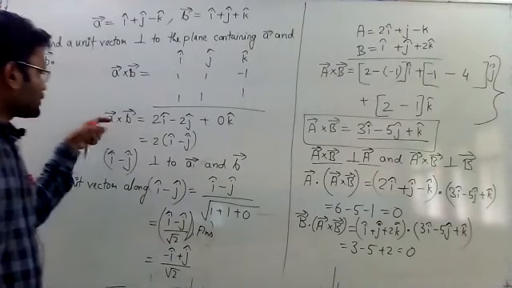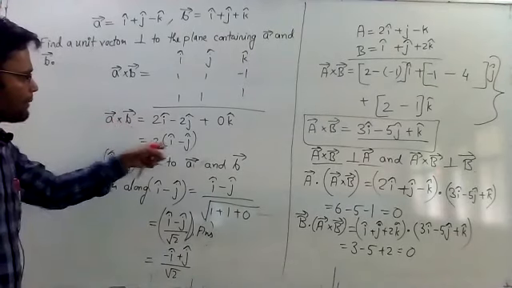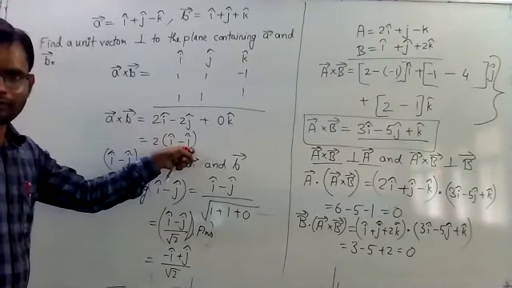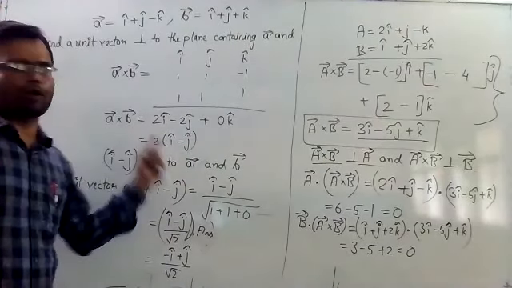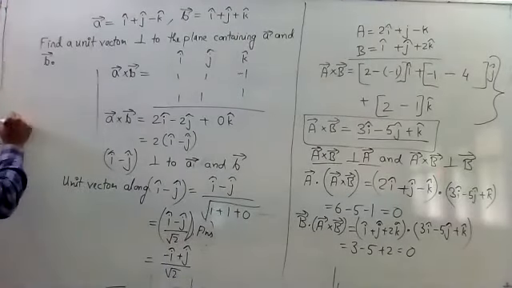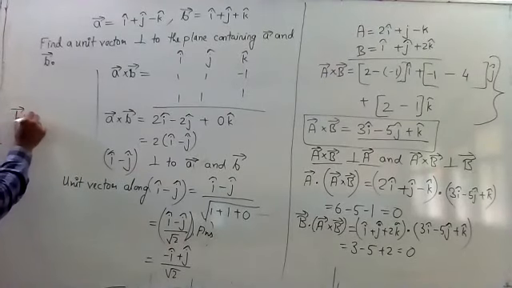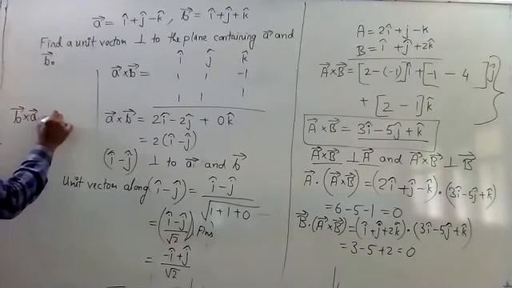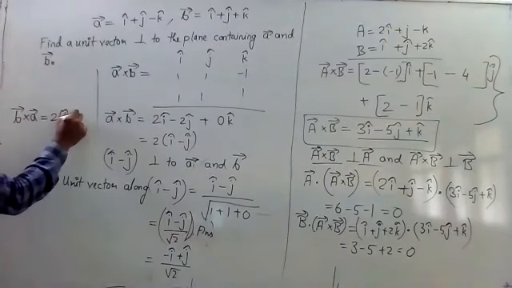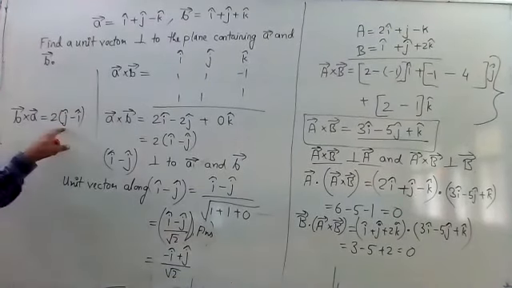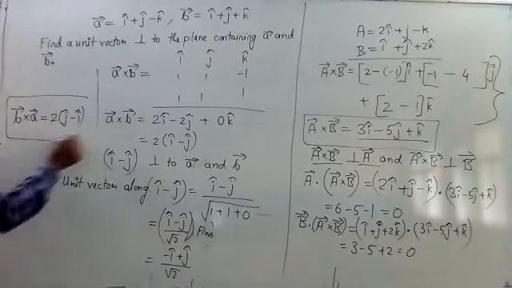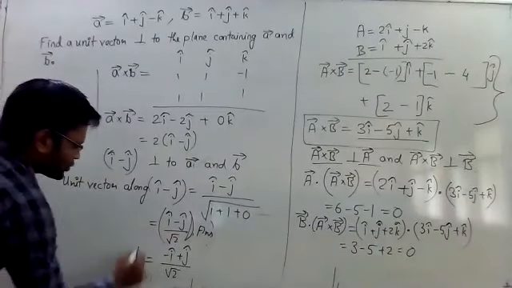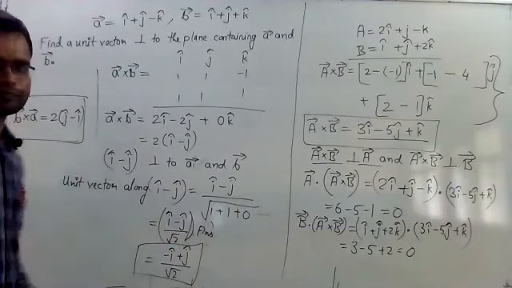Since I have taken A cross B, I am getting i minus j as the direction. But if I take B cross A, then I will get 2 times of j minus i. In this case, I will be getting this one as the unit vector.